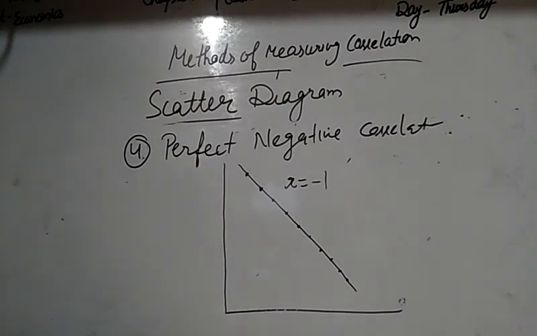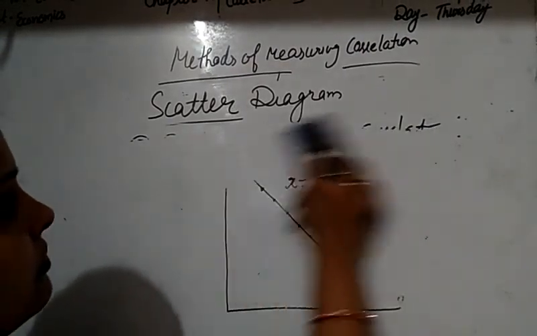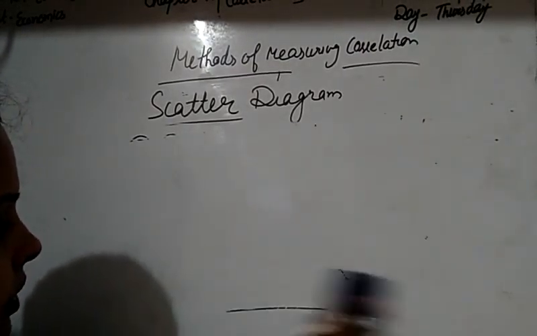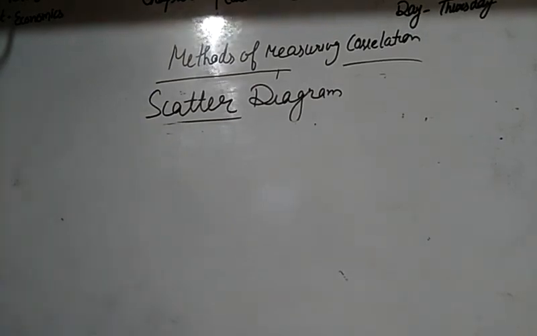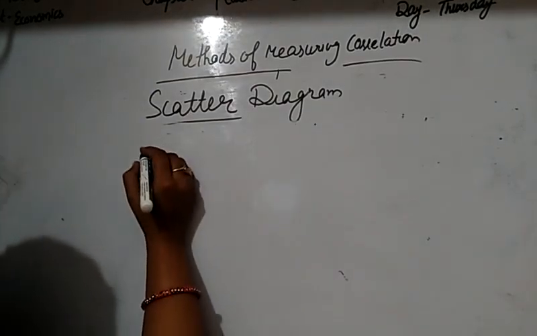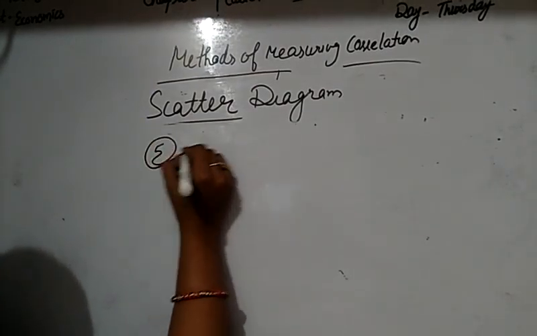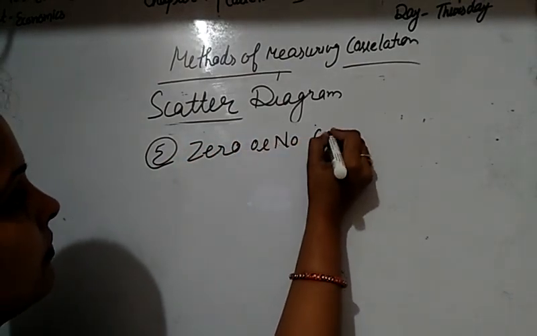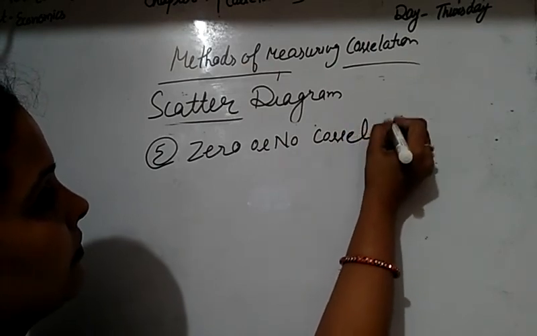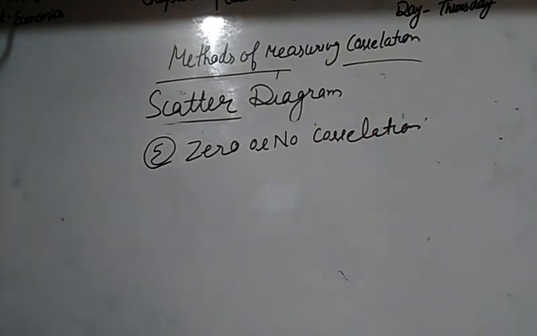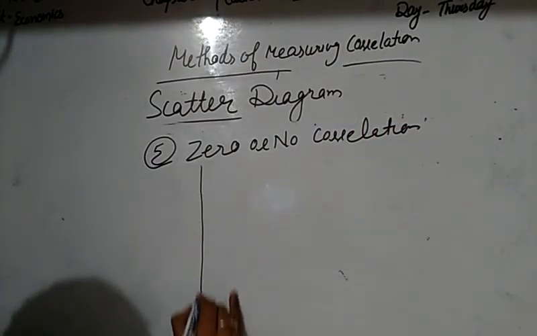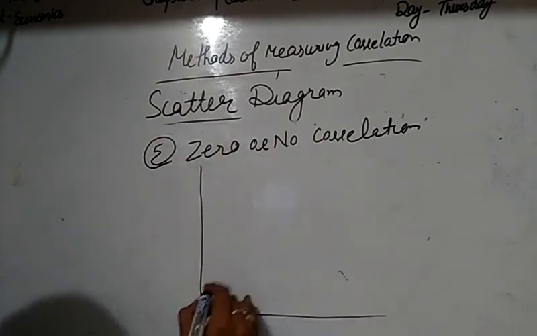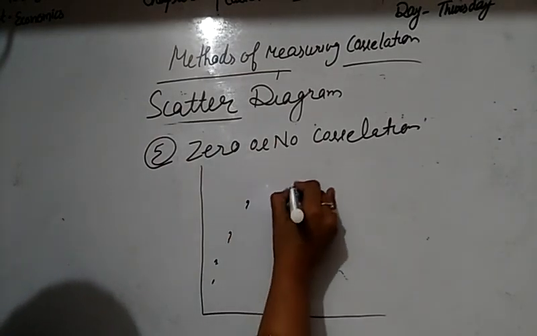The last is zero or no correlation. So for zero or no correlation, this is a scatter diagram, and the points lie like this.